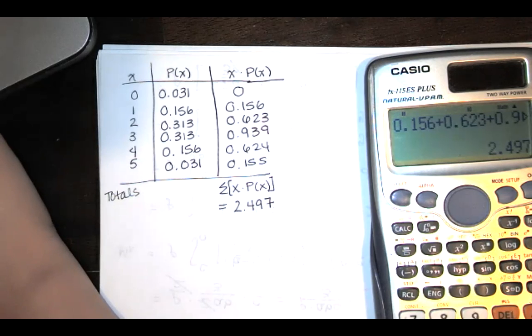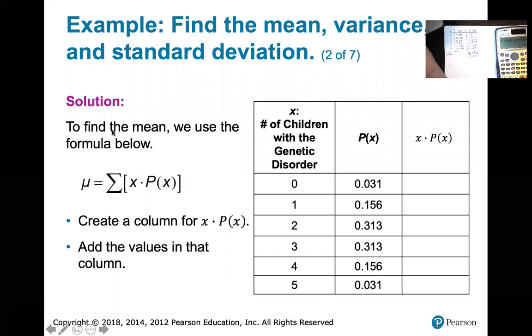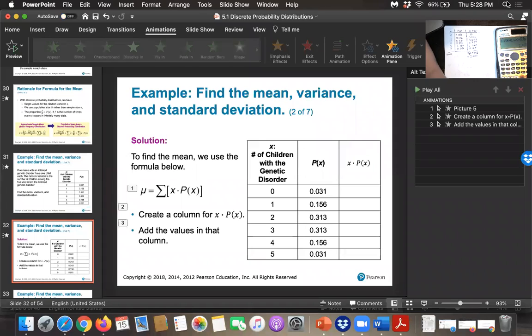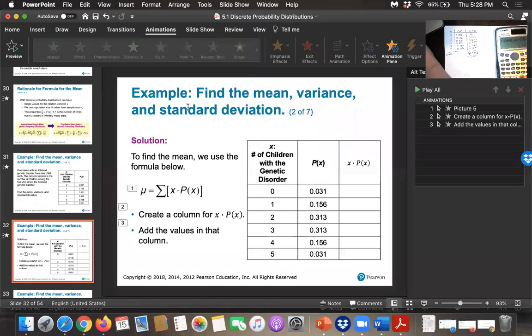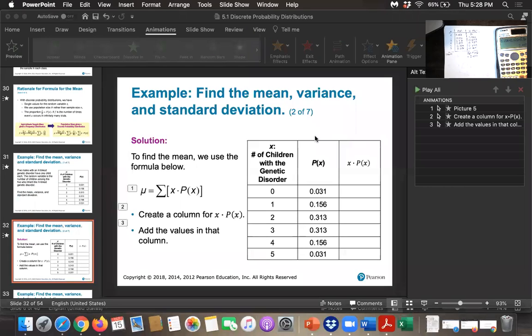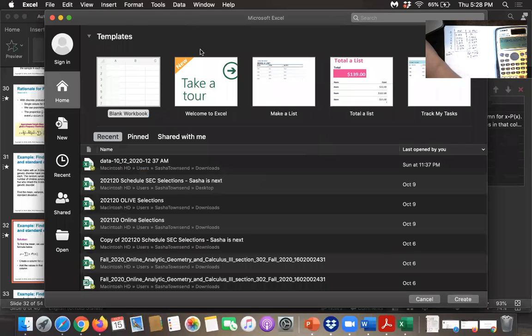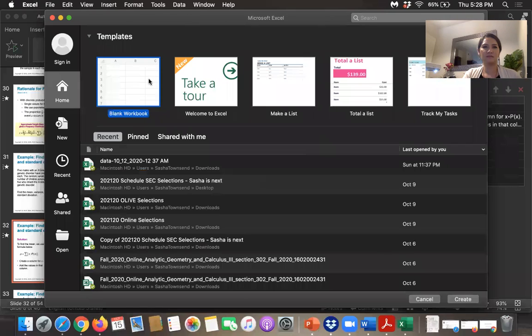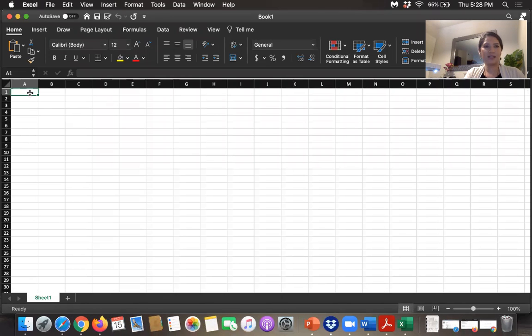Now I want to show you how to do this in Excel as well. So I will share my screen with you. Now, once we're in Excel, we can type the values for our random variable x over here.